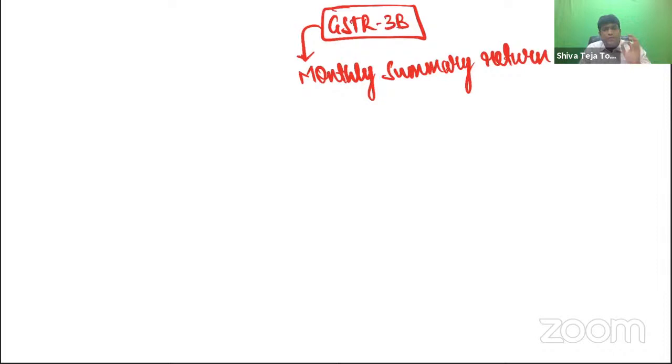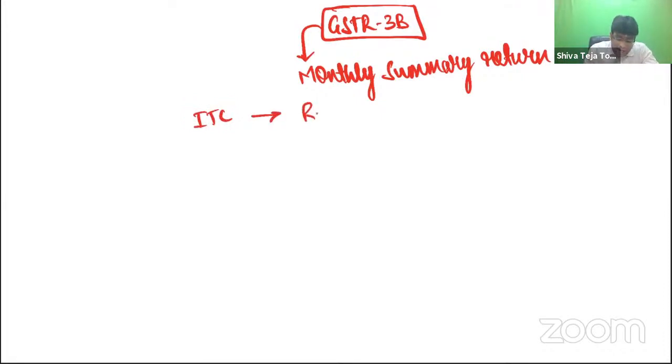Just lump sum total figures are reported in GSTR 3B, of both output as well as input, with no breakup. What are the columns in GSTR 3B? We will talk about every column in detail, don't worry at all.